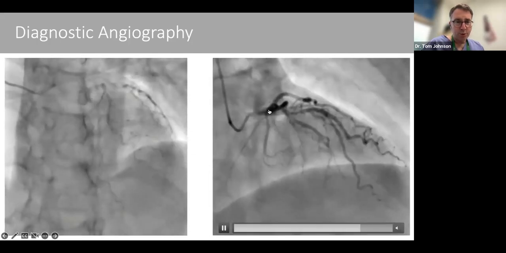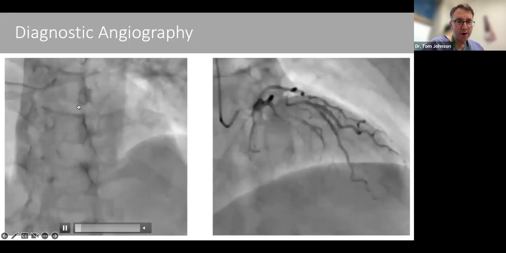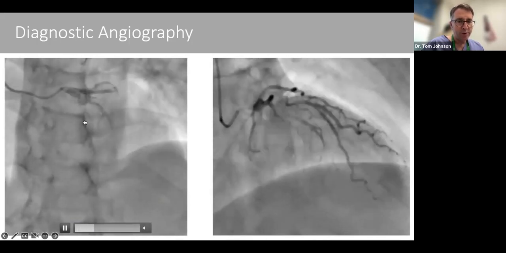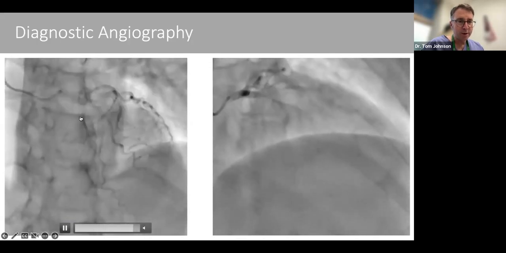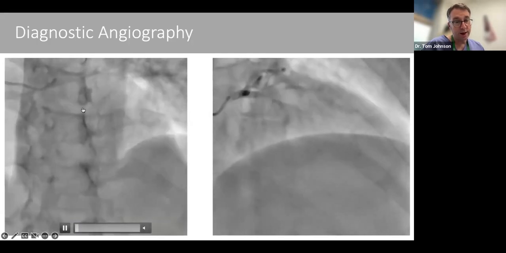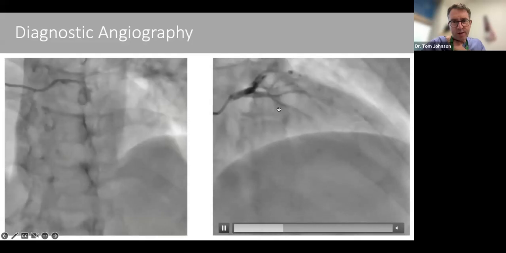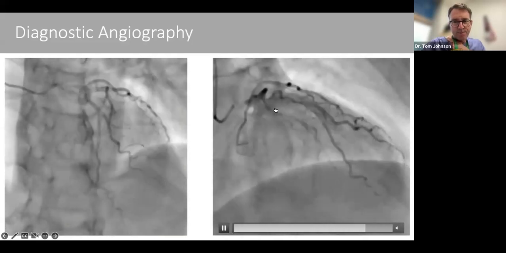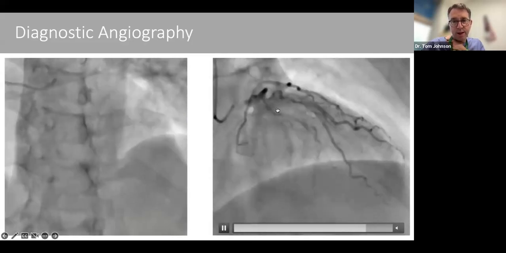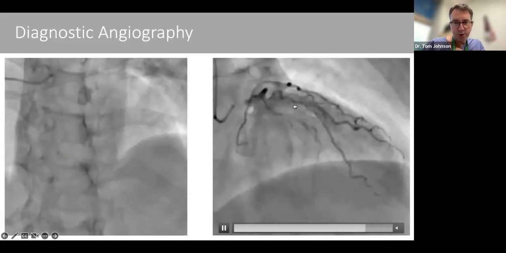When we look at the cranial projections, we see an interesting anatomy of this very large, what appears to be a septal rather than true LAD, with this bifurcating pattern within the septal, with disease that extends across the LAD septal bifurcation. And so we then see that there appears to be disease extending up into this. I've thought this to be LAD and this to be the septal, so into the kind of LAD, which I think in the CT was reported as a diagonal branch.